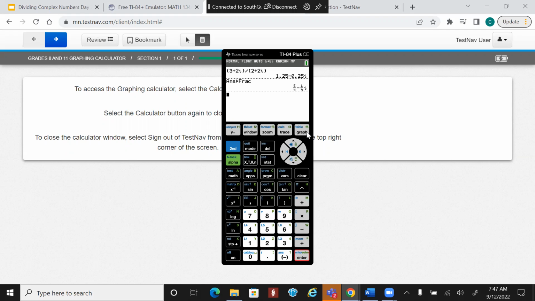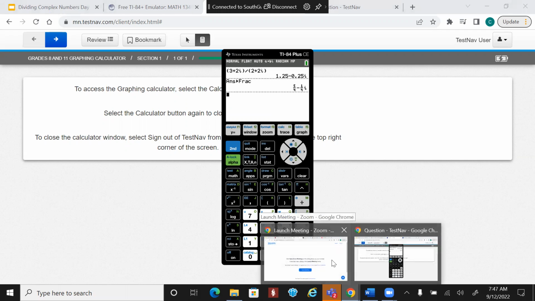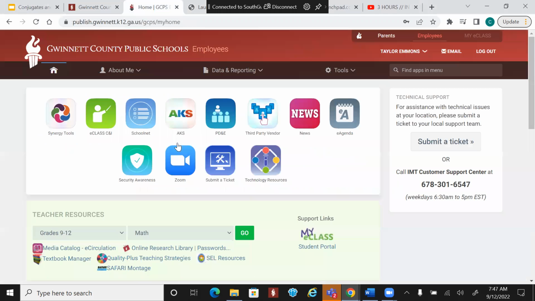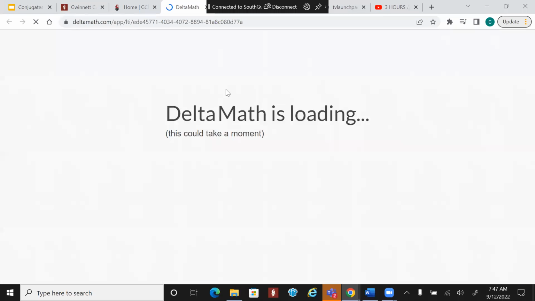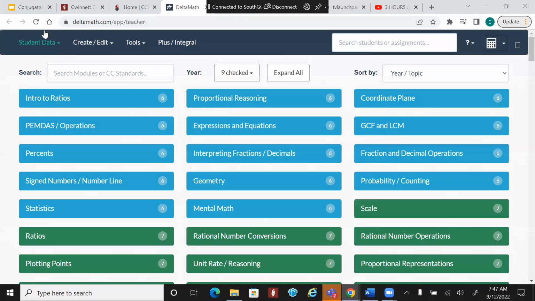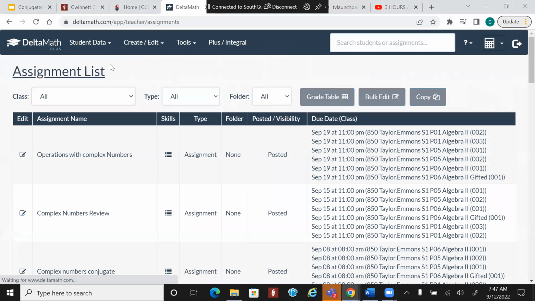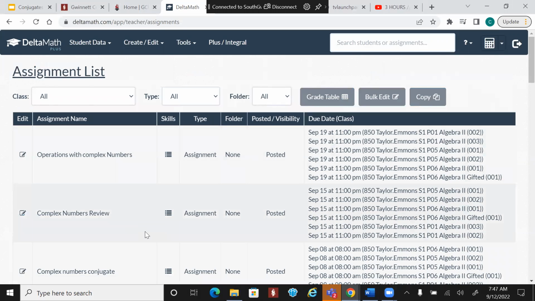We've already created a Delta Math for review in order for you to prepare for the CFA that's on Wednesday. Okay, so I would practice that Delta Math. Okay, so again, if you go to your Delta Math, there's your assignment for Digital Learning Day.